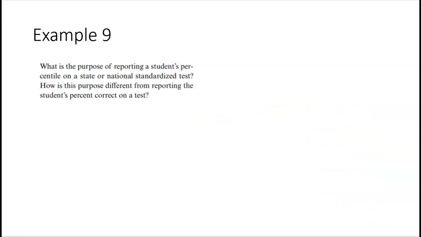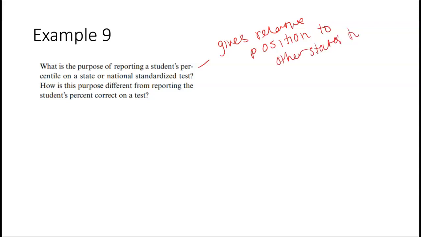What is the purpose of reporting a student's percentile on a state or national standardized test? How is this purpose different from reporting the percent correct? Well, this gives relative position to their peers. It can also give relative position to other states or to the national average to let you know how it's a comparison.